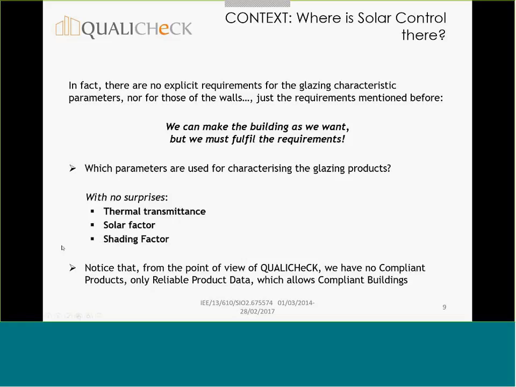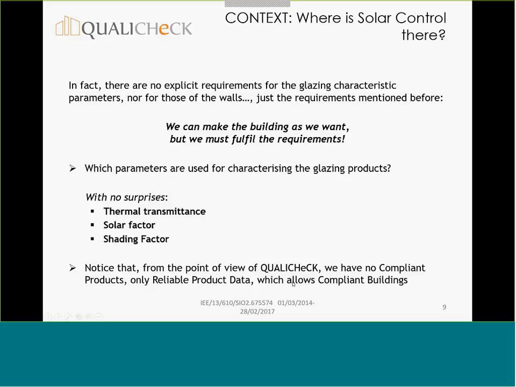Then, from the point of view of QUALICHeCK, I have been suffering these differences in relation with other European countries, because here we have no direct requirements for any of the parameters.